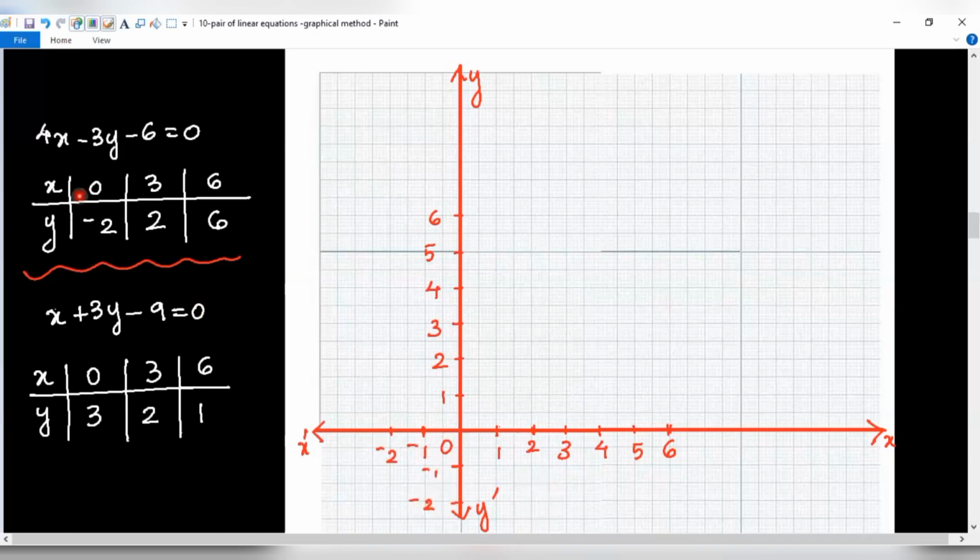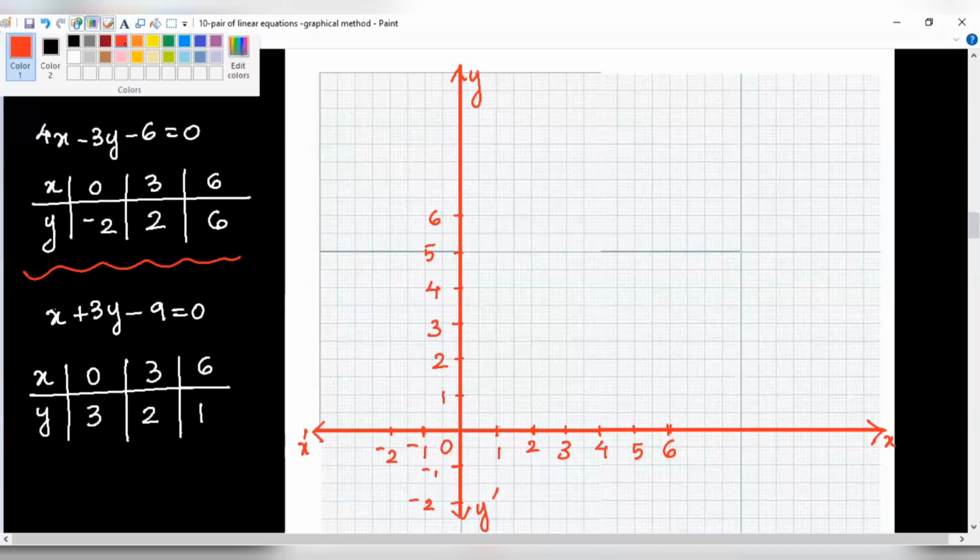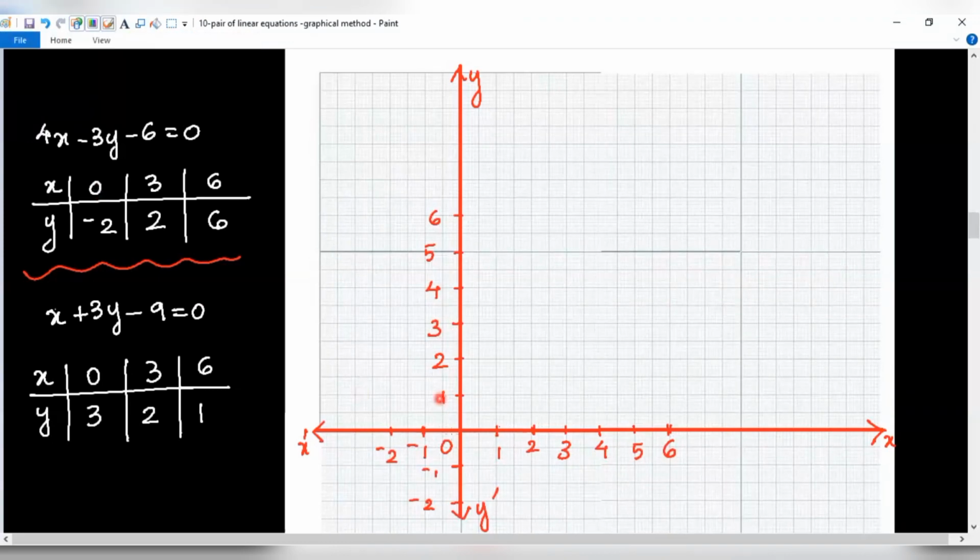Okay. First we have to plot this one. Let me take blue color for this line. So 0, -2. -2 on y-axis. This is that point. Let me term it as A. A is actually 0, -2.